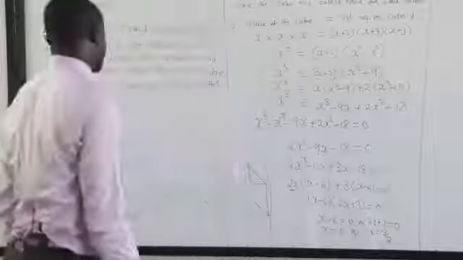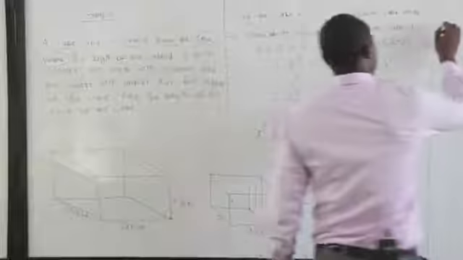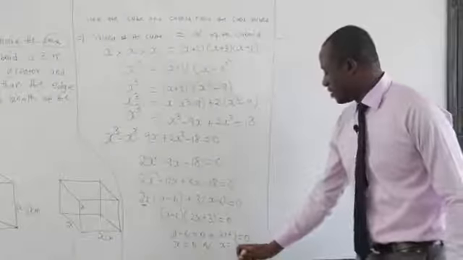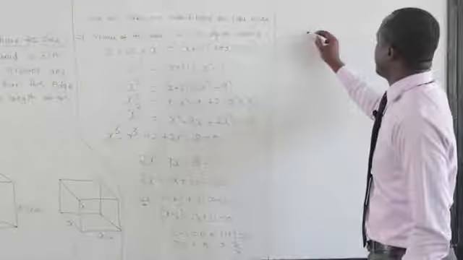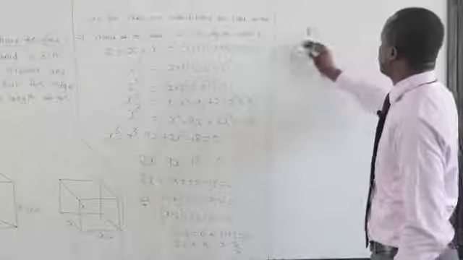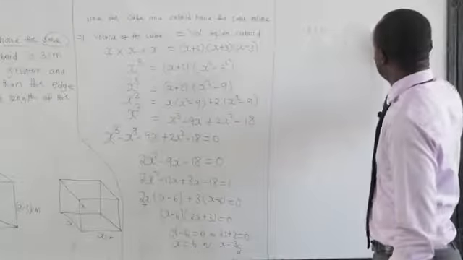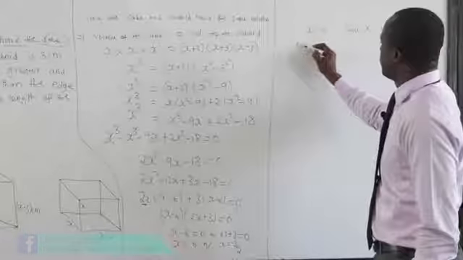The question says that we should find the length of the edge of the cube. Now, because we want to find the length, it is never negative. So we forgo the negative 3 over 2, and then we see that therefore x is equal to 6, since x cannot be negative.